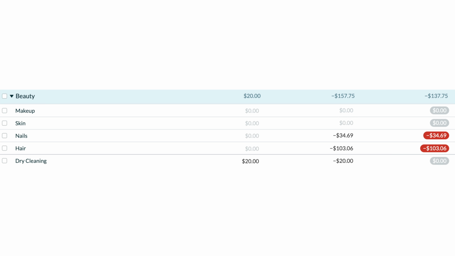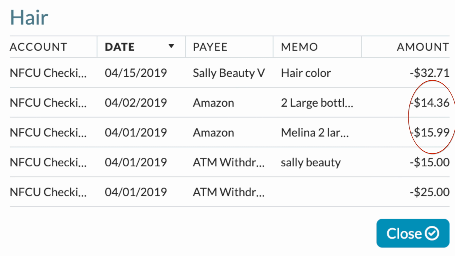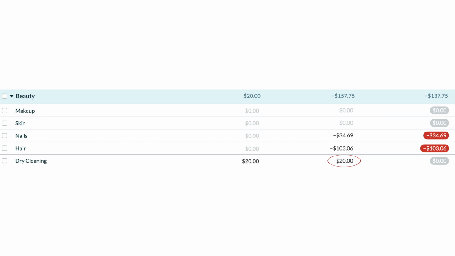In the beauty category, I spent $34.69 on nail products, $103.06 on hair products, which actually is like a year's supply of shampoo and conditioner for Melina and some hair color for me. And I think I also bought shampoo and conditioner for myself, and $20 for dry cleaning in cash.